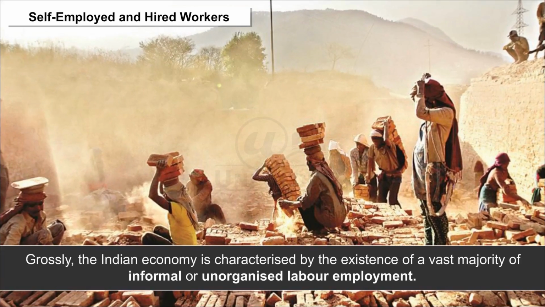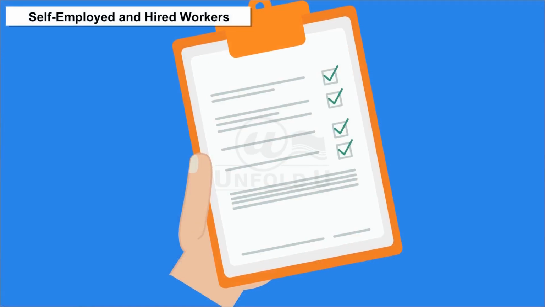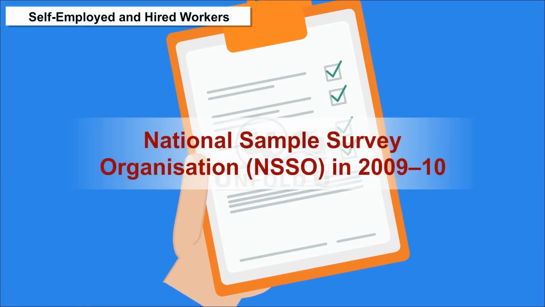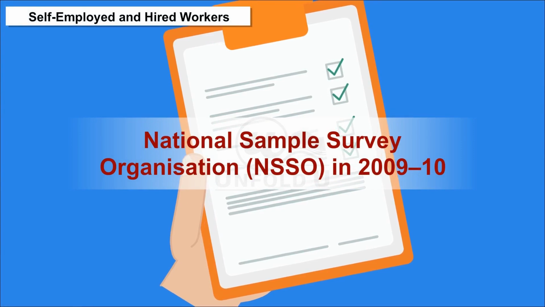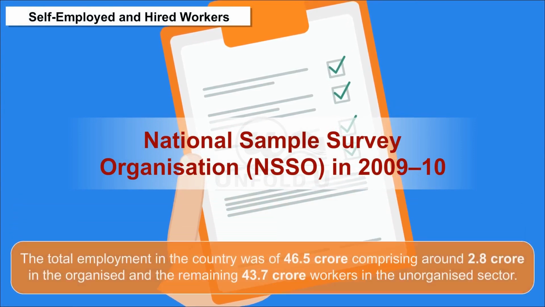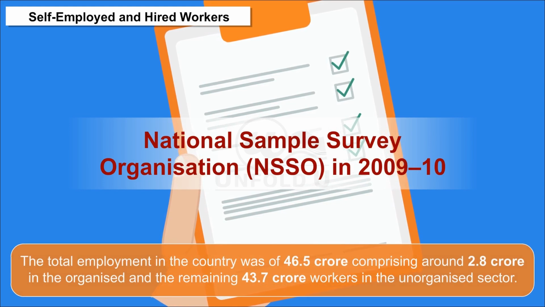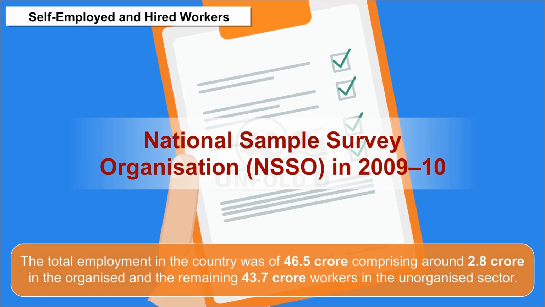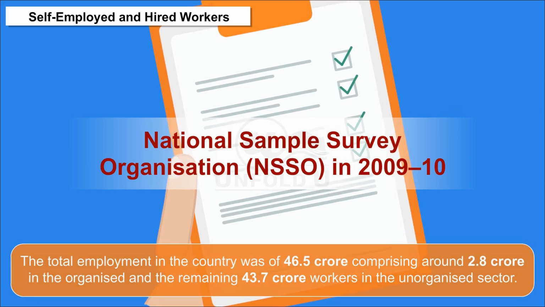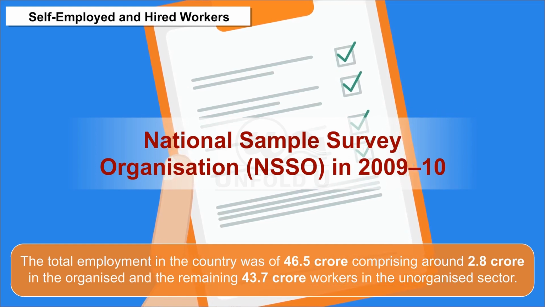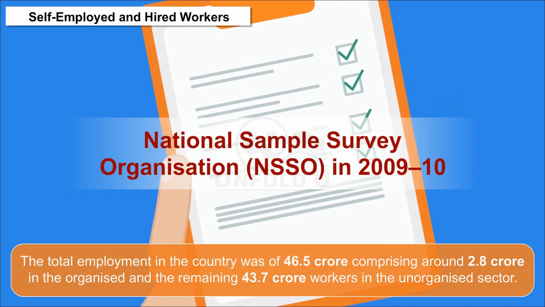As per a survey carried out by the National Sample Survey Organization (NSSO) in 2009-10, the total employment in the country was 46.5 crore, comprising around 2.8 crore in the organized sector and the remaining 43.7 crore workers in the unorganized sector.